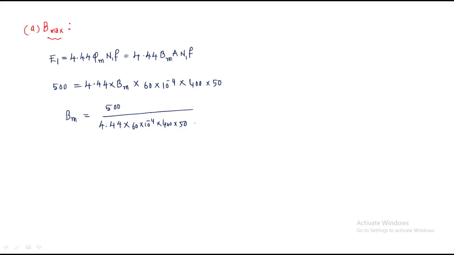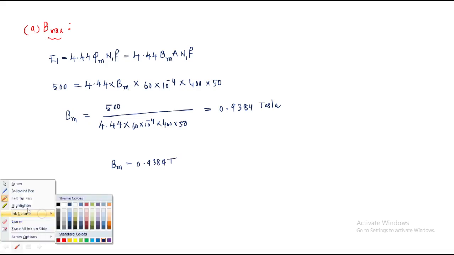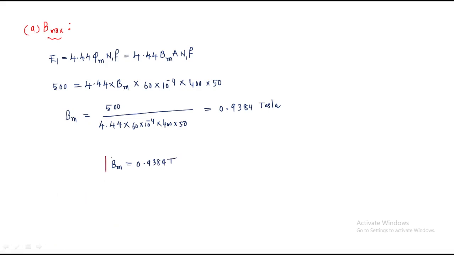Okay, from this we will get the value of B max equal to 0.9384 Tesla. Therefore Bm is 0.9384 Tesla. We just have the formulas, just substitute these values into them. So this is the maximum flux density from the given data.